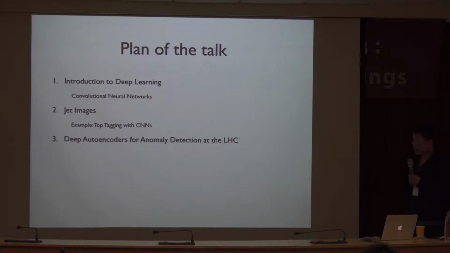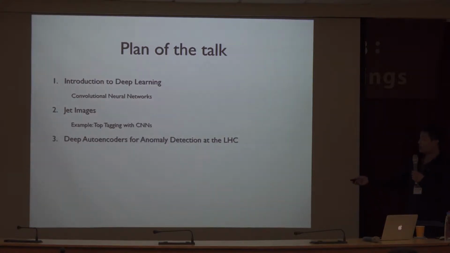Okay, so here's the plan of the talk. I'm going to give you a brief introduction to what deep learning is. There'll be some overlap with Spencer's talk, but maybe it won't hurt to hear it twice. And I'll focus especially on a type of deep learning architecture called convolutional neural networks that are used for image recognition. And then I'll show how these can be applied to jets at the LHC, where you think of the jet as an image, and show how that gives you a better top tagger.